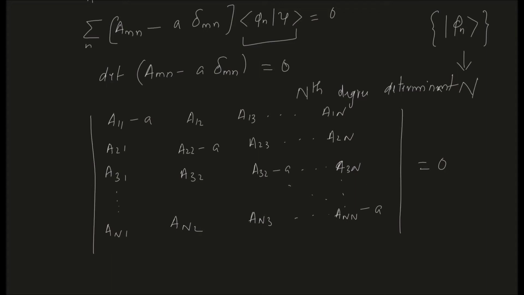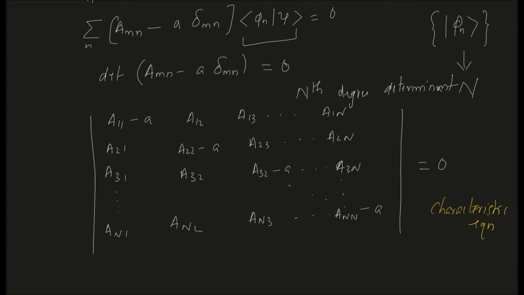Now this is known as a secular equation or characteristic equation, and you are familiar with these kinds of equations. You might have studied it in a matrix algebra class.